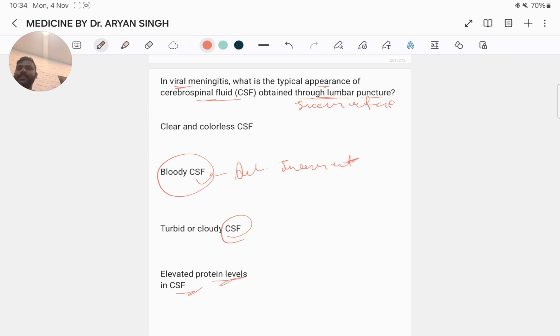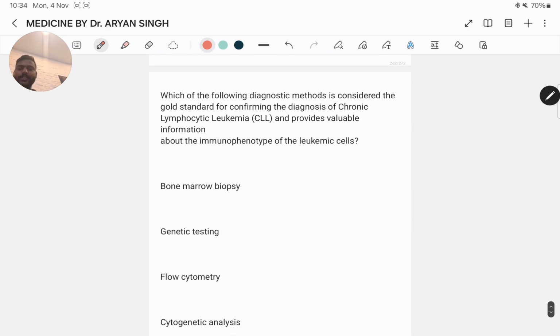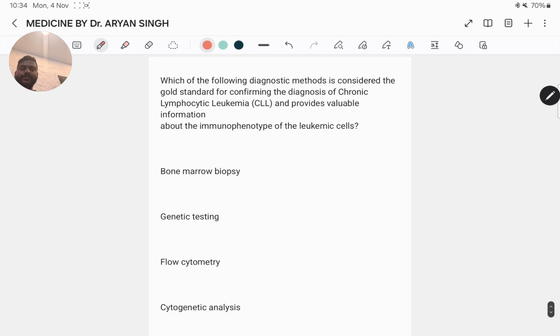Therefore, the CSF obtained through lumbar puncture in viral meningitis is typically clear and colorless, or may have a slightly yellowish appearance due to the increased protein content.